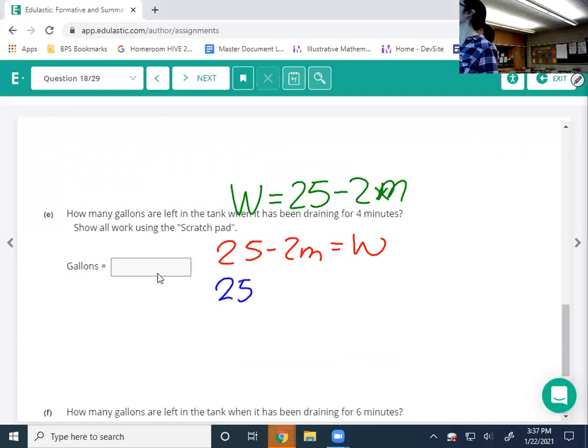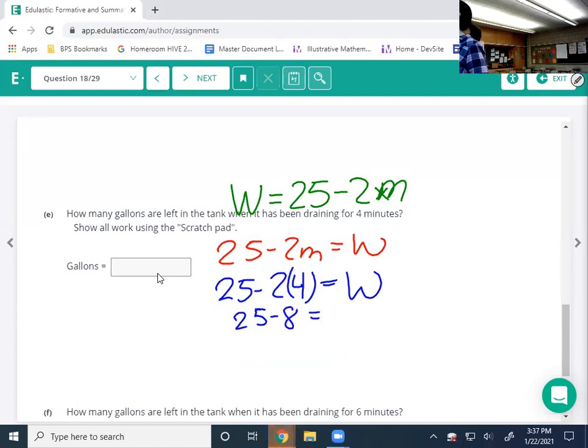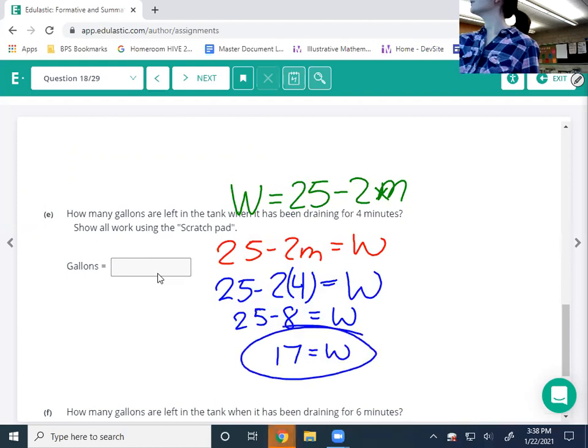So 25 minus 2 times 4 is going to be equal to the amount of water in the tank. 25 minus 8 is equal to our W. 25 minus 8 is 17 gallons. So 17 gallons on that one there.